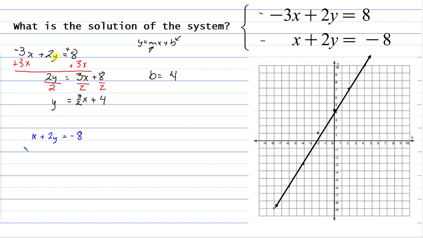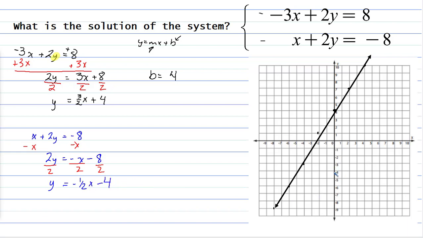And so I'm going to follow the same procedure. 2y is equal to negative x minus 8 in this case. And so I'm going to now divide everything by 2. And so y is equal to negative 1/2 x minus 4.